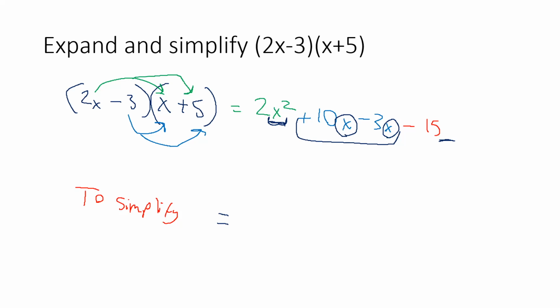So we know that this is going to be 2x squared. What's 10x minus 3x? It is simply going to be equal to 7x, because this is plus 10 and we're minusing 3. And then obviously minus 15 is just how it is, because there are no other non-x terms in this expression.